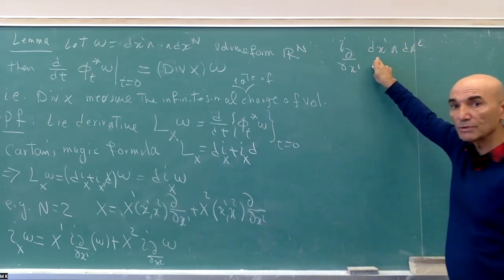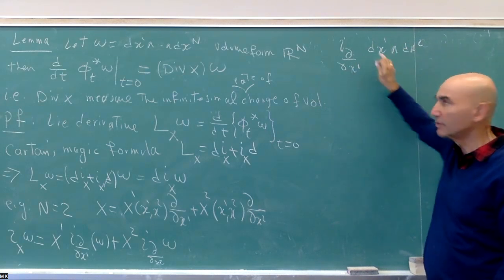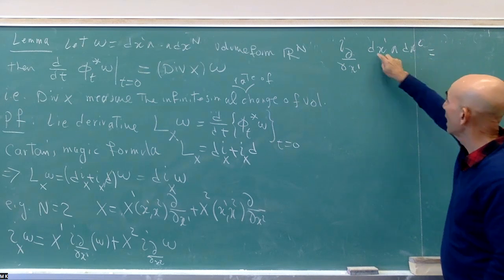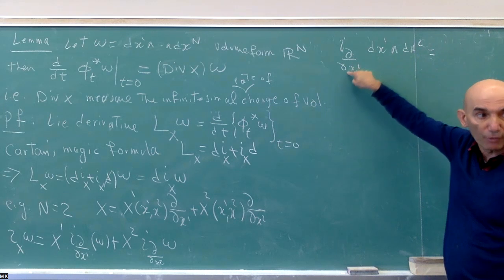Well, we're supposed to act this on that, and then we just keep the dx2. This is dual to this one, so when you evaluate this one over this vector field, you get 1, because this is dual.